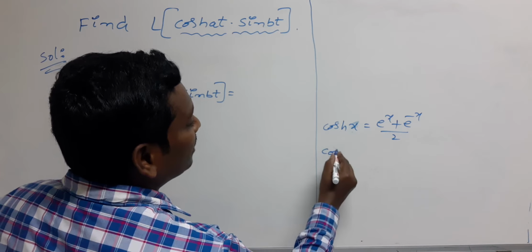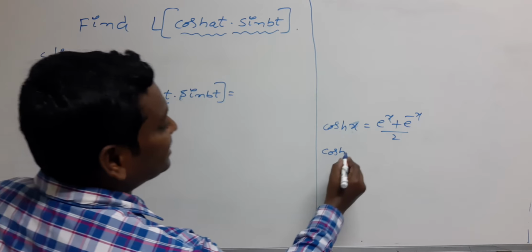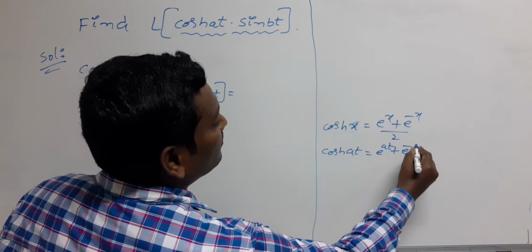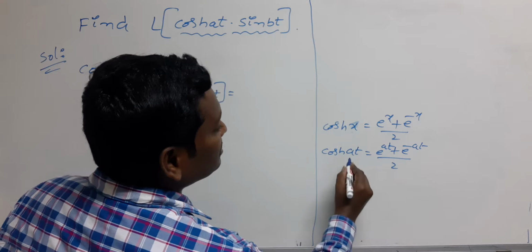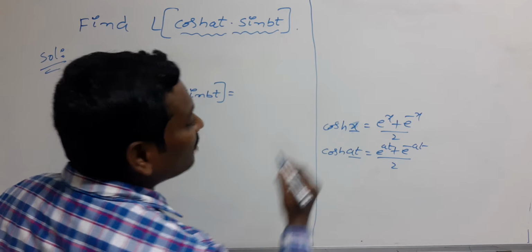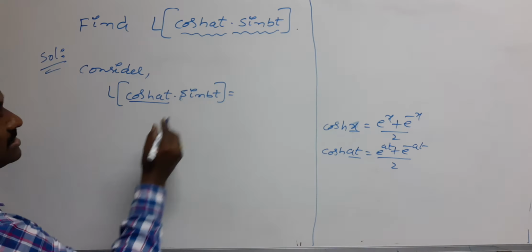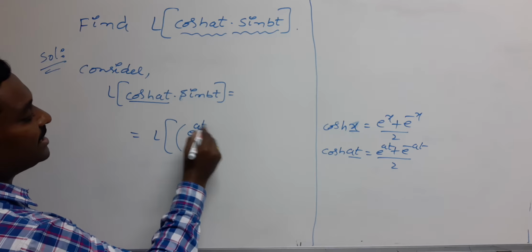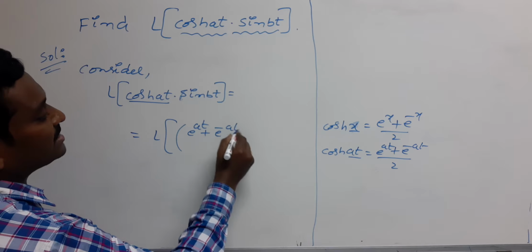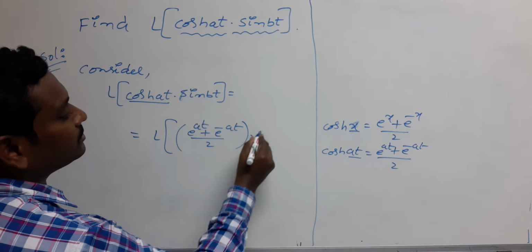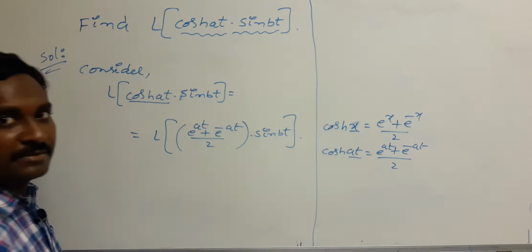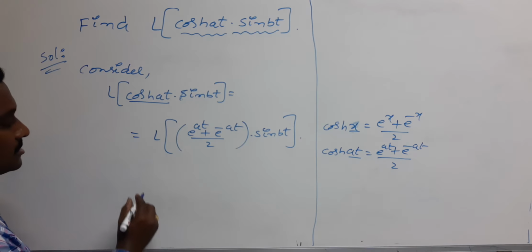According to this formula, the given function cosh(at) becomes e power at plus e power minus at by 2, because we have at instead of x. That's why replace this value by L of bracket open e power at plus e power minus at by 2 into sin(bt). Now split the terms.